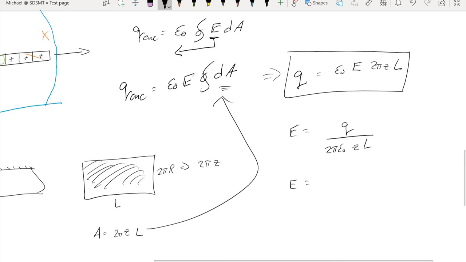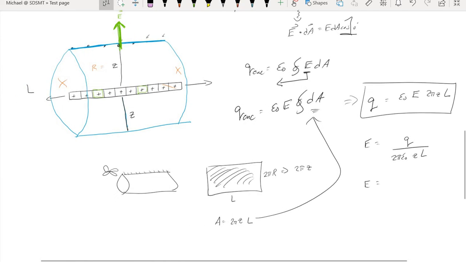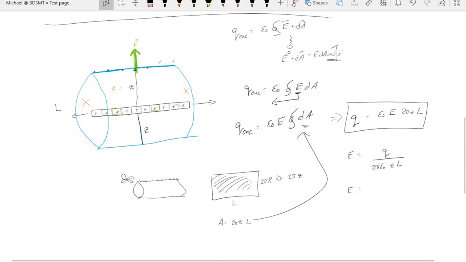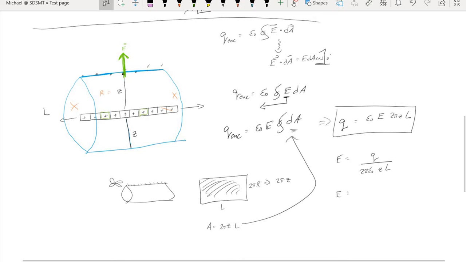Now, if you remember back to that derivation that we did with the line of charge, one of the things that we had to know to set up that pretty intense calculus derivation was how all of this charge was distributed about the line. And for that, we introduced the idea of lambda, which was charge per unit length.